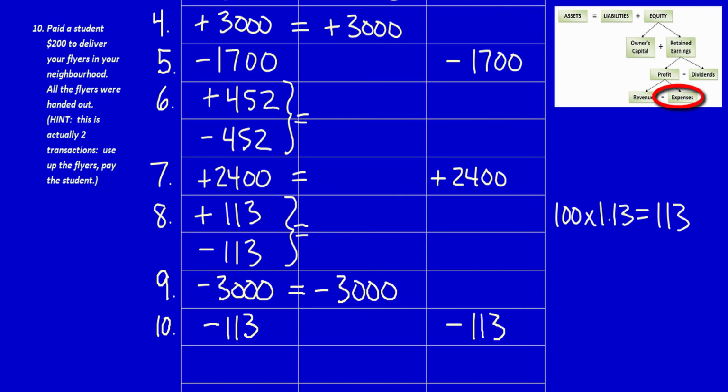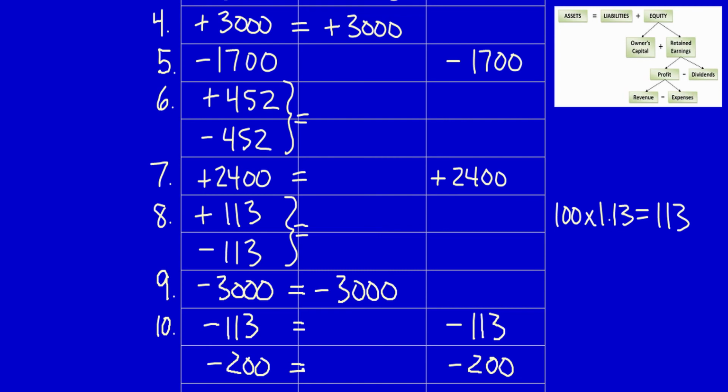Those words, used and consumed, indicate that it's an expense. We know that expenses have a negative impact on equity, so negative $200. What did the business give away? They gave away cash, so the future benefit is gone, and assets decrease by $200. Notice both of these result in an equal sign.